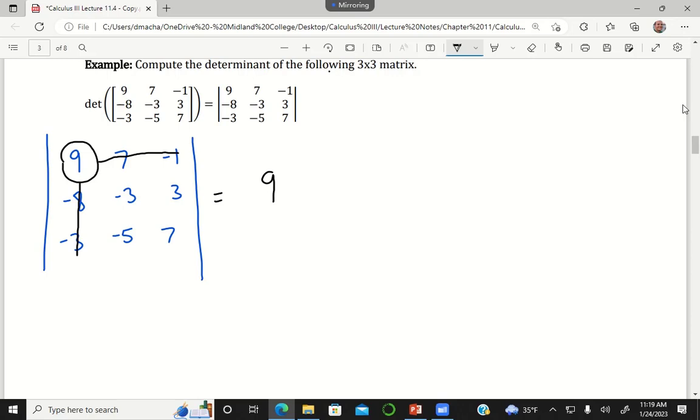And then I'm going to look at this 2x2 matrix and take the determinant of that 2x2 matrix. Okay? So I'll have -3 times 7 minus 3 times -5 as the determinant of that 2x2 submatrix down there.